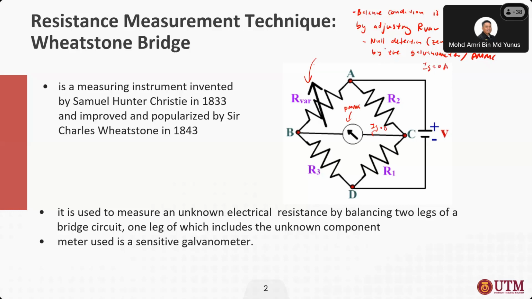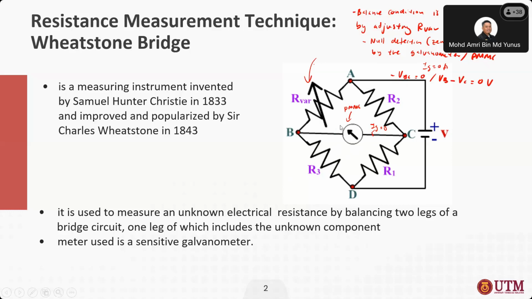So in this condition, when IG is equivalent to 0, the voltage between B and C, VBC, is equivalent to 0, or VB minus VC equals 0 volt. So means there is zero potential between point B and C. This is called the balance condition.